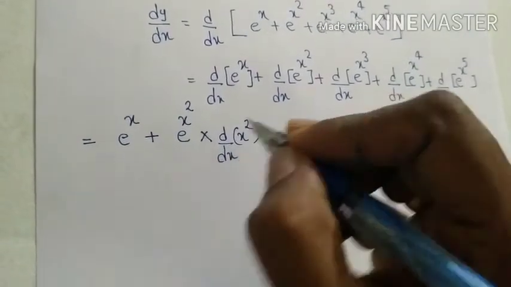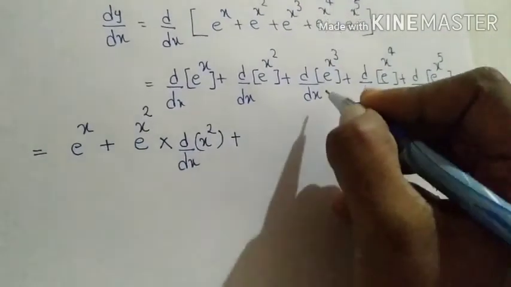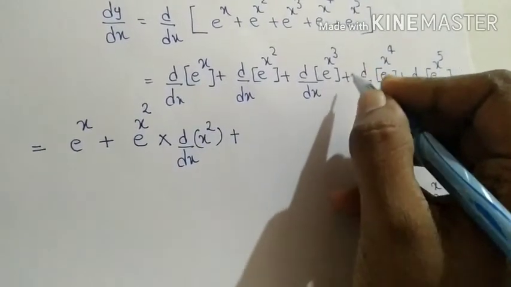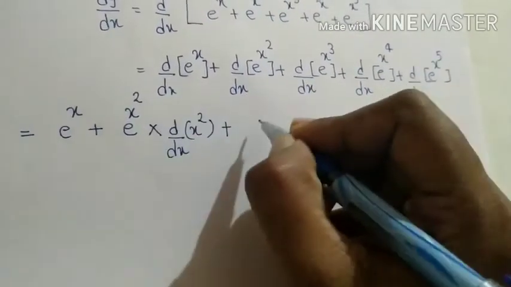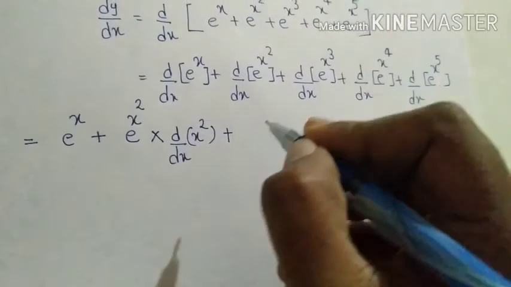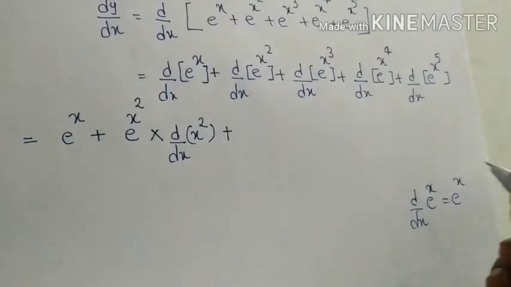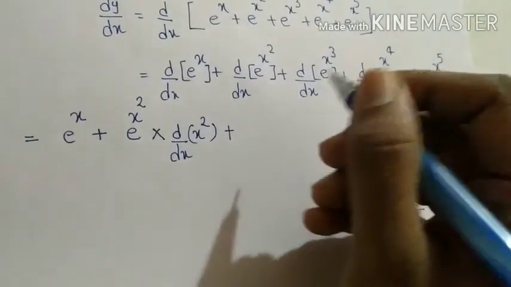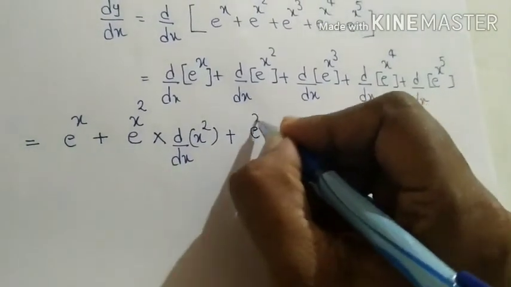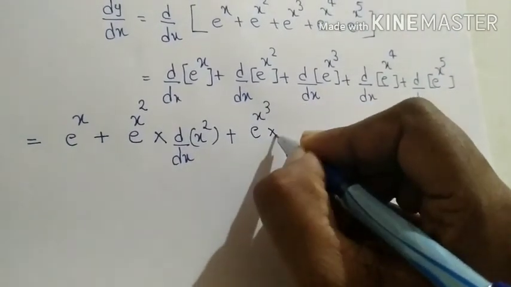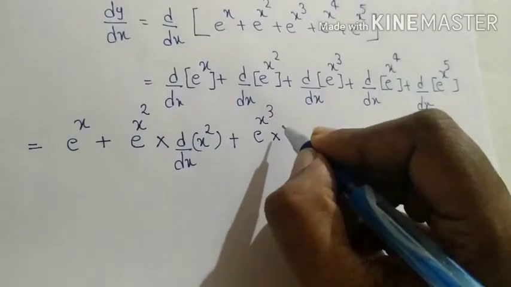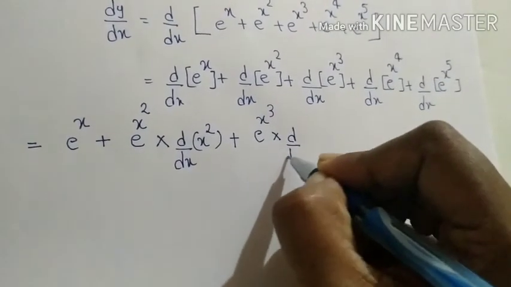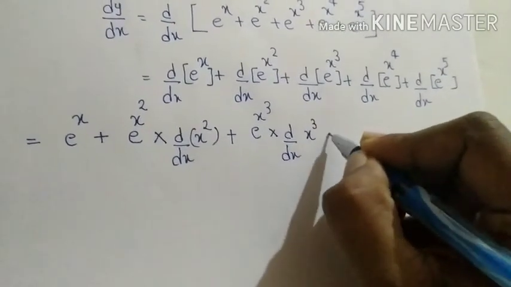Plus, next we need to calculate the derivative of e raised to x cube. In a similar way, we know that the derivative of e raised to x is e raised to x, so the derivative of e raised to x cube becomes e raised to x cube into, using the chain rule, the derivative of x cube, plus.